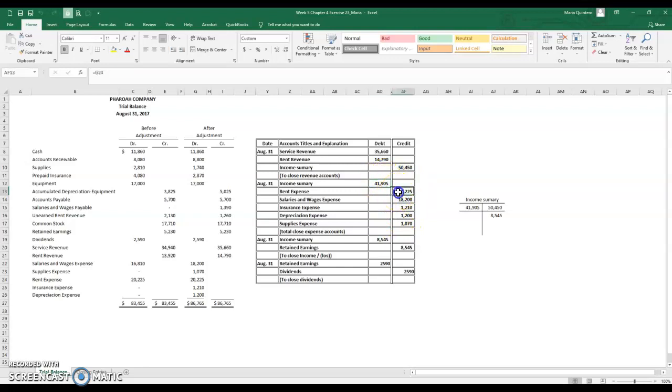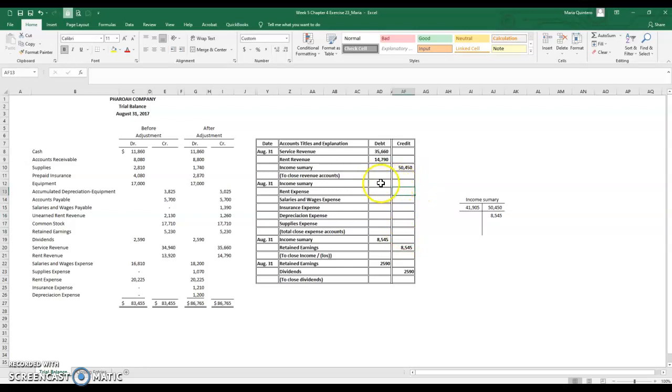But before we start doing the income summary, we don't know the amount of this income. To know that, we start selecting all the expense accounts and credit each of them here in the credit side.